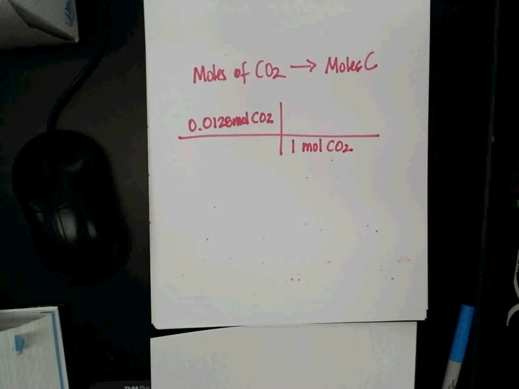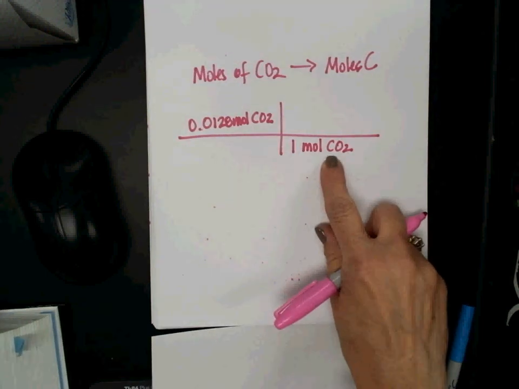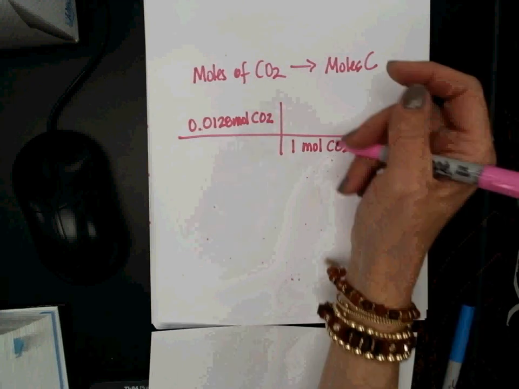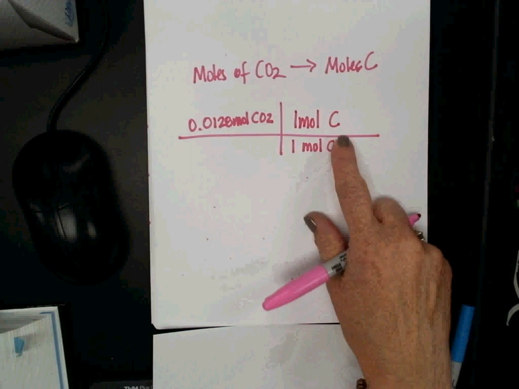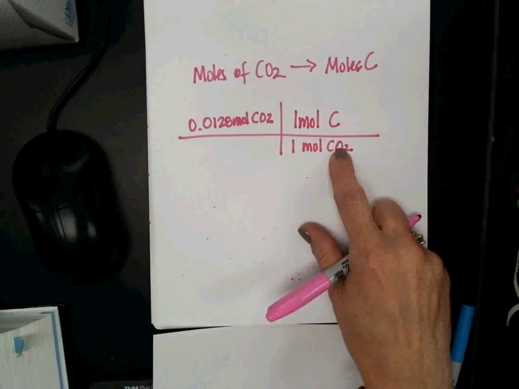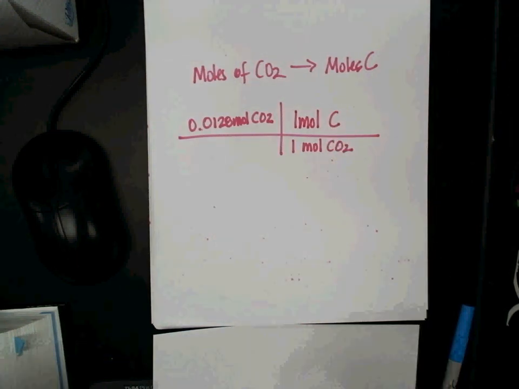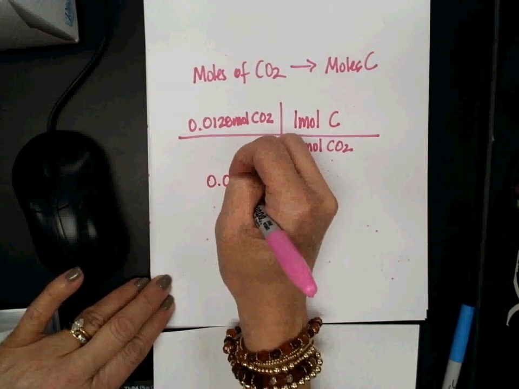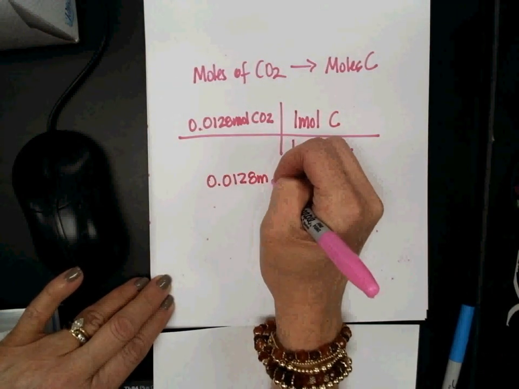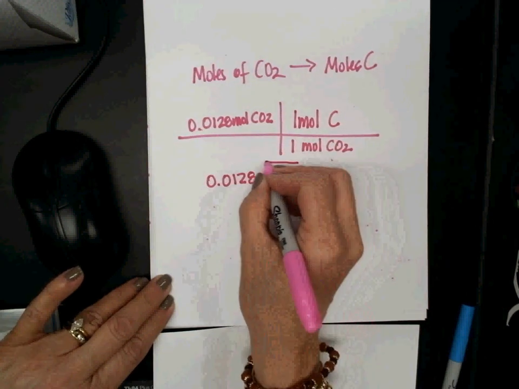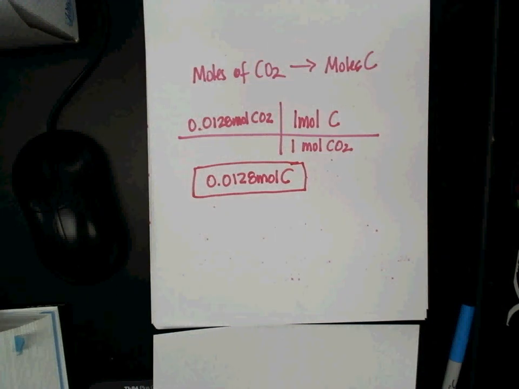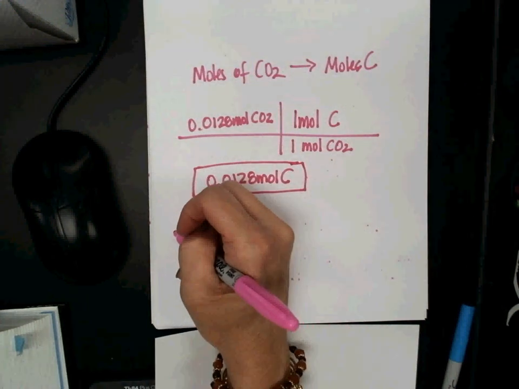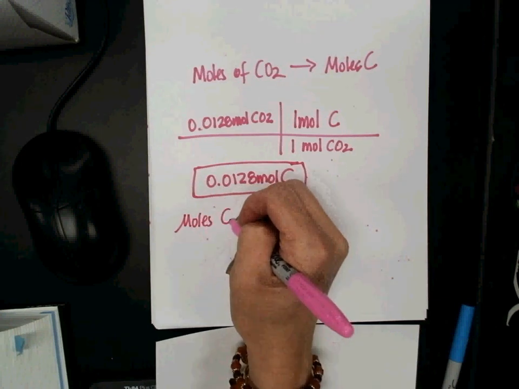In every 1 mole of carbon dioxide, how many moles of carbon are present, Caitlin? Is there any subscript behind this? Nope, so I would say 1 mole of C. In every 1 mole of carbon dioxide, there's 1 mole of carbon, and there's 2 moles of oxygen. I just read my subscripts. So I have 0.0128 mole of C. I'm going to box that off because I know we're going to have to use it later, and we want to be able to go back and find it.